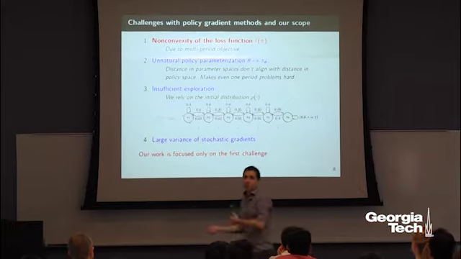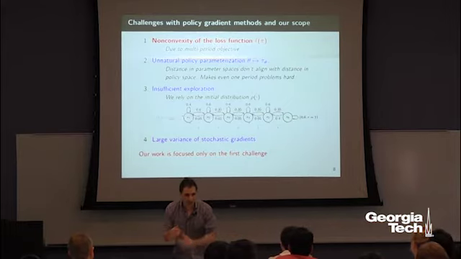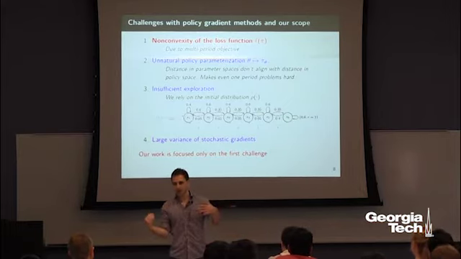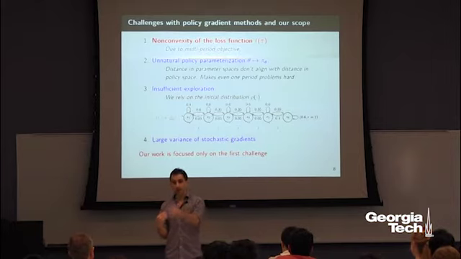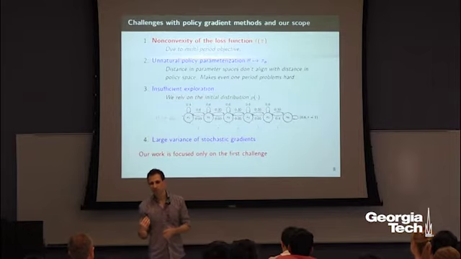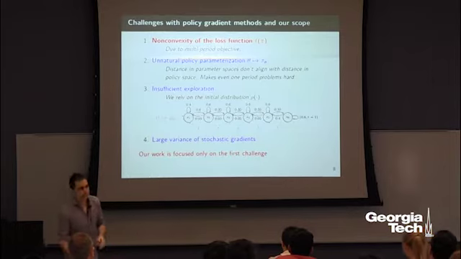So this way, where every once in a while I randomly start the problem at an initial state and compute my stochastic gradient starting from there, that's sort of critical.